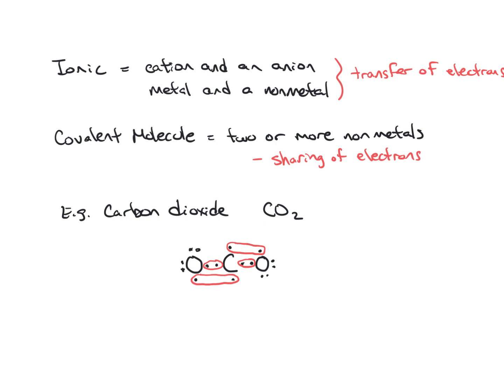So if we count how many electrons each atom has access to, we should actually end up with 8 for everything. I'll start with the oxygen on the left. I'm going to start counting electrons it has access to. 1, 2, 3, 4. Now 5, 6, because it has access to both of those in that circle.